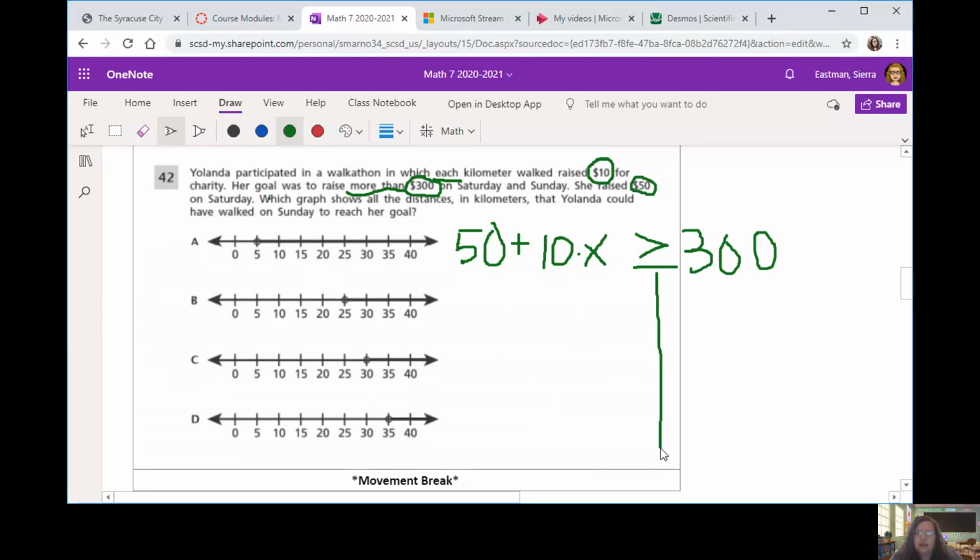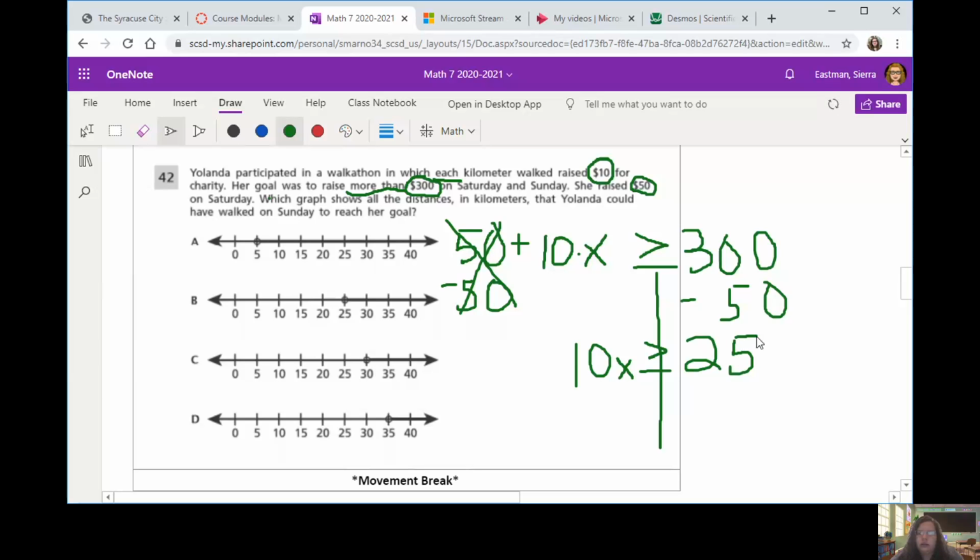You guys did awesome at this on your Unit 6 tests. And we are going to use our algebra skills. 50 minus 50 reduces to 0. Take that right off. My 10x is left. My symbol is still the same because I haven't multiplied or divided by a negative, so it doesn't need to flip.